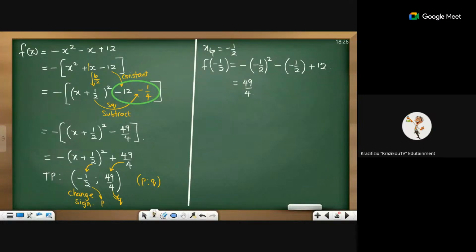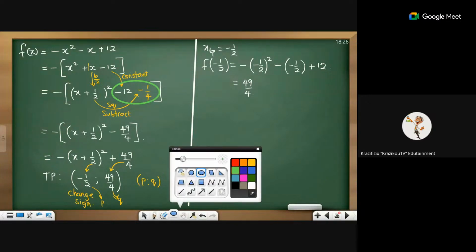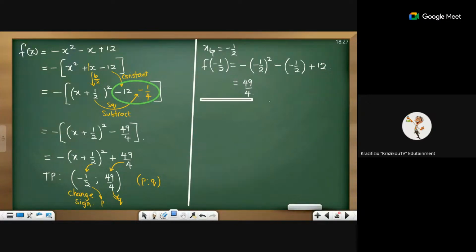While you're writing, I want to write a few notations here and let me know if it makes sense. Take note of these notations. F prime of negative 1 over 2 is equal to 0. The examiner just gave you the turning point.